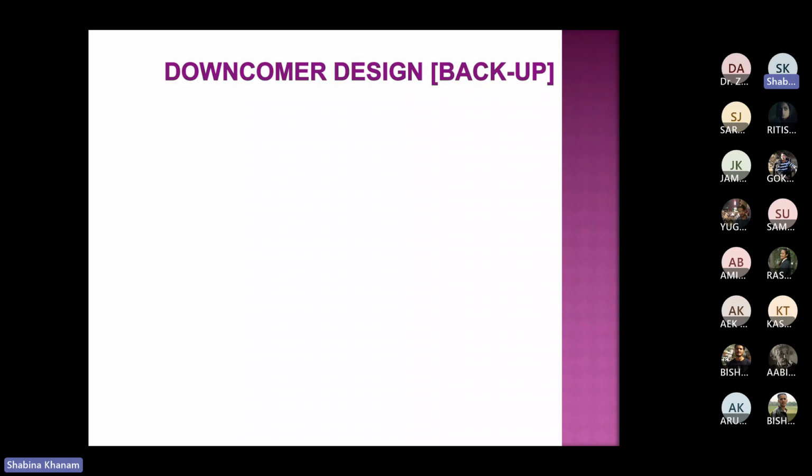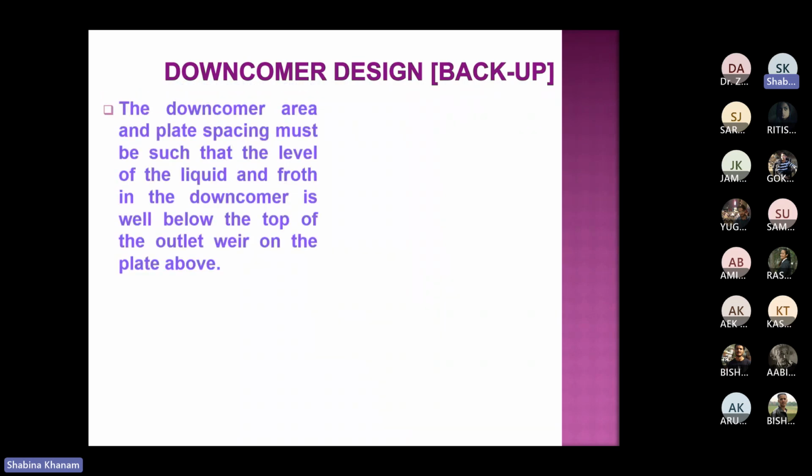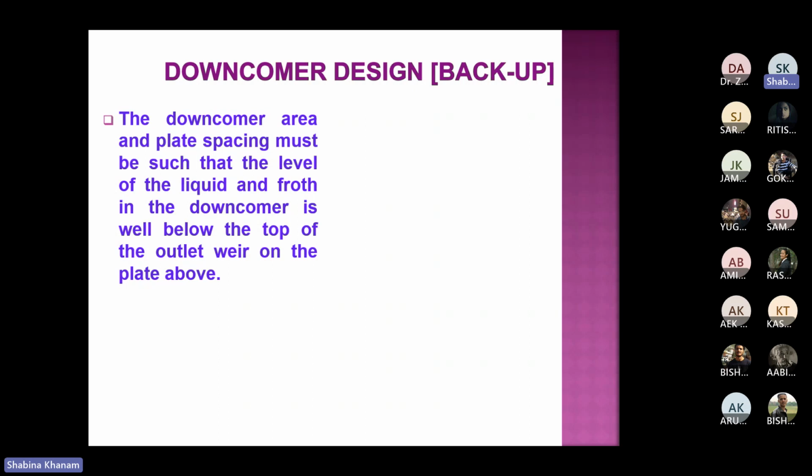So we need to consider this downcomer backup. So downcomer area and plate spacing. Plate spacing is the distance between two consecutive plates, right? So the downcomer area and plate spacing must be such that the level of the liquid and froth in the downcomer is well below the top of the outlet weir on the plate.